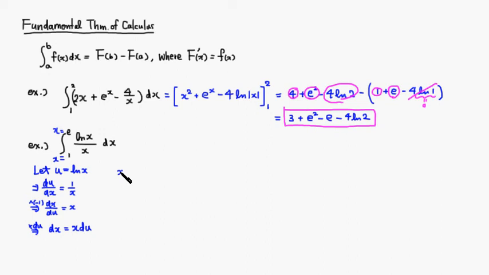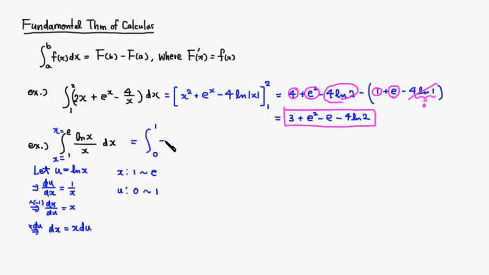So x goes from 1 to e, and u is going to go from, you just plug into the substitution equation, u equals natural log of 1, which is 0. Then when x is e, natural log of e is 1. So the new integral is going to go from 0 to 1. Those are the corresponding u values.